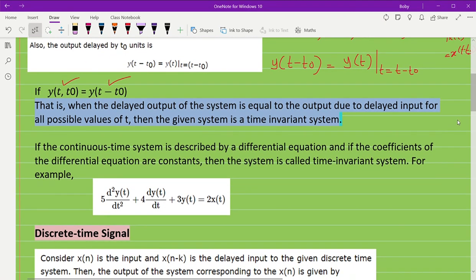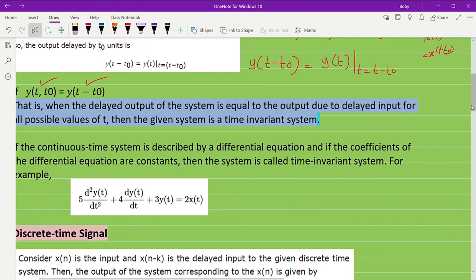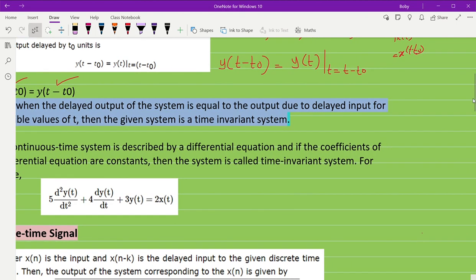If a continuous time system is described by a differential equation, and if the coefficients of the differential equation are constants, then the system is called a time invariant system. Continuous time systems are represented by differential equations.